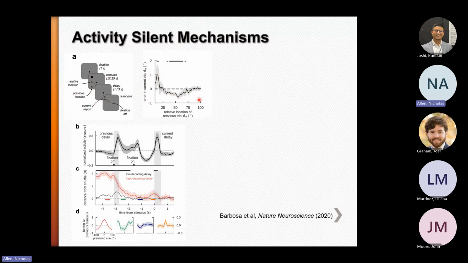So in a series of experiments, we examined how the activity of neurons differs across the entire interval of the trial. This is shown here. The y-axis of this plot presents a measure of firing, the number of action potentials per second, normalized.